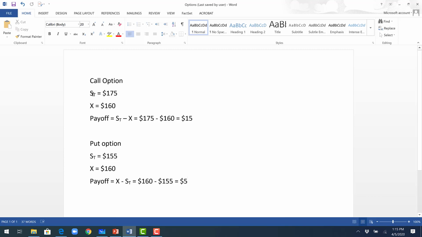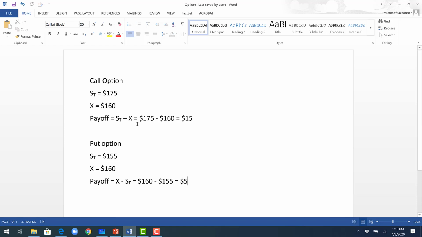Stock price at expiration, which we are now calling ST, is 175. Exercise price is 160, right? So again, call buyer has the right to buy at 160 and then can sell the share at 175. What is the payoff? The difference between these two, right? ST minus X. So anytime ST is greater than X, the payoff would be ST minus X.